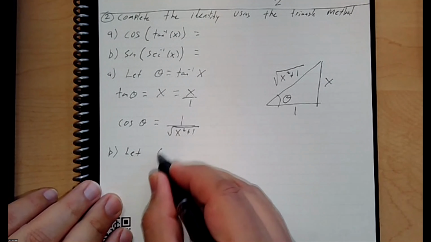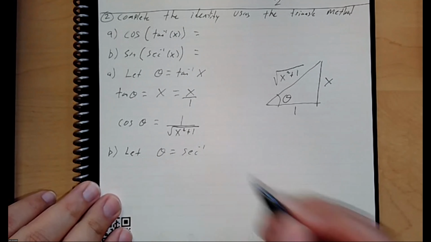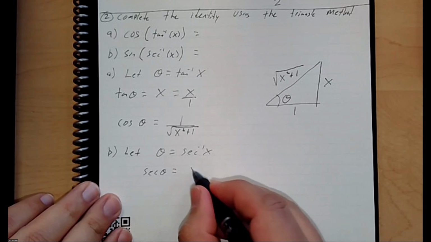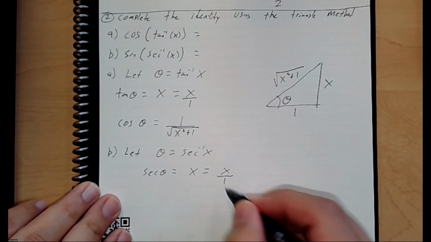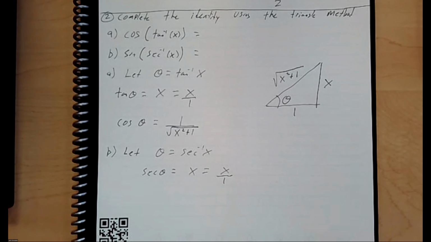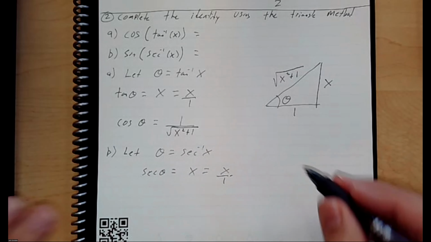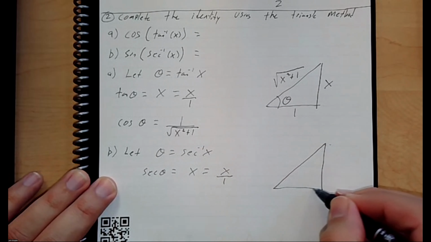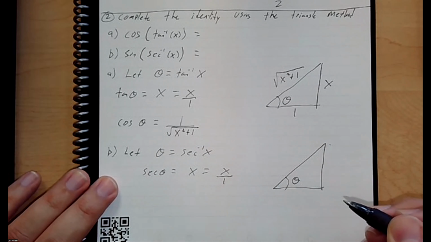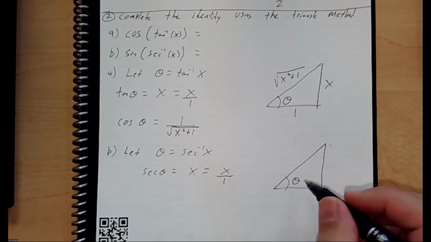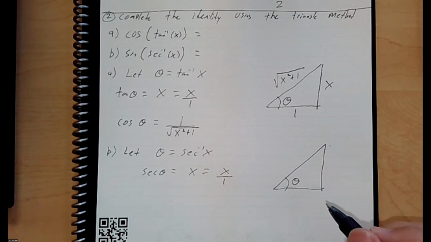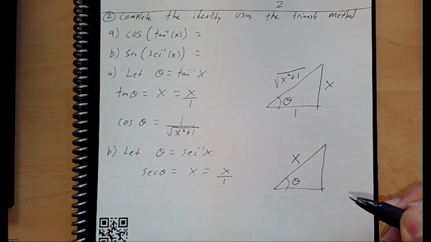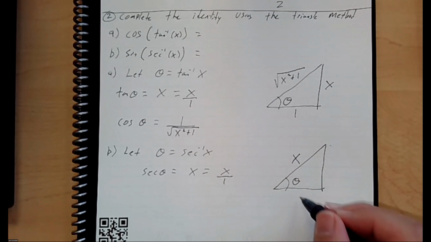Part B, let theta equal the inverse secant of x. That means that secant theta is equal to some x. Build your triangle. Where does the x go if theta is here? Yeah. Where does the 1 go? Jason.